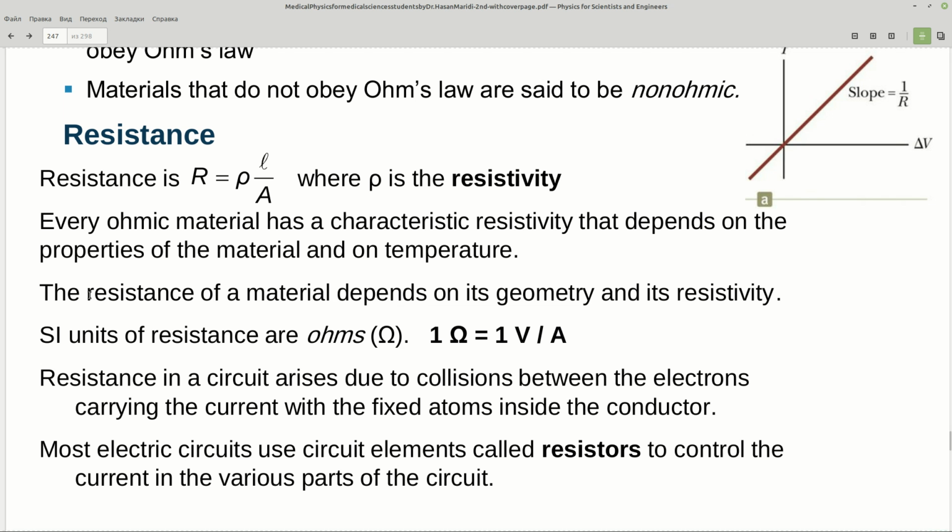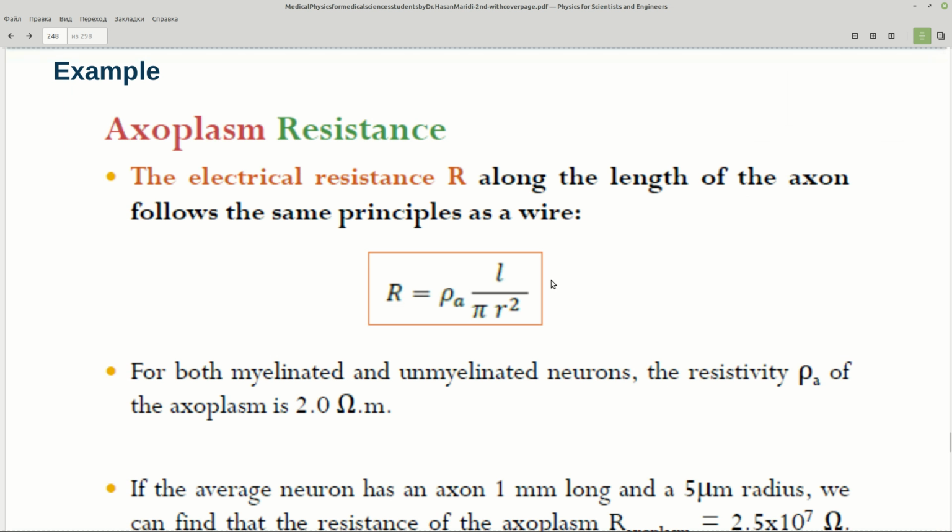The current is the same in all the resistors. The current goes from the source of the current, from the accumulator, for example. Here is a simple circuit diagram showing two resistors connected in series to a battery, to the source of the current.